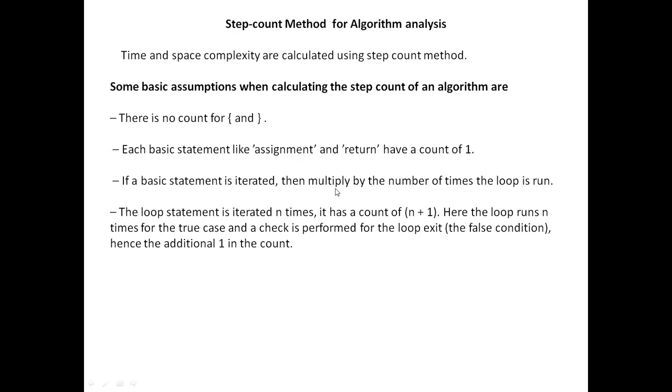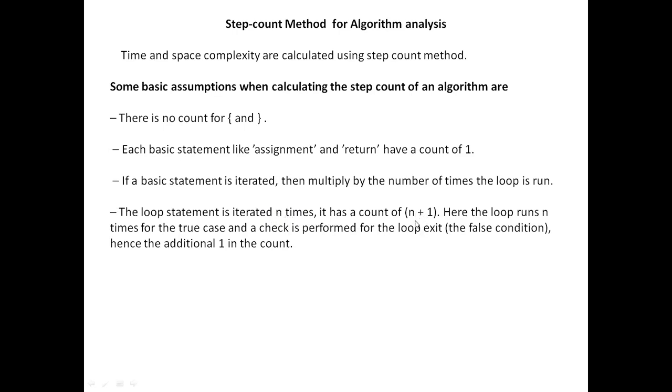Then, if a statement is iterated, like in a for loop, then multiply by the number of times the loop is run. So how many times the given loop is executed, that is the count for the given basic statement that is iterated. Then, in the case of a looping statement, if it is iterated n times, then its count is n.